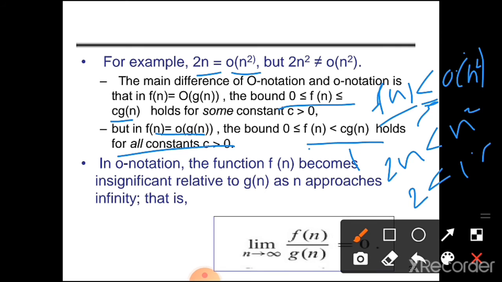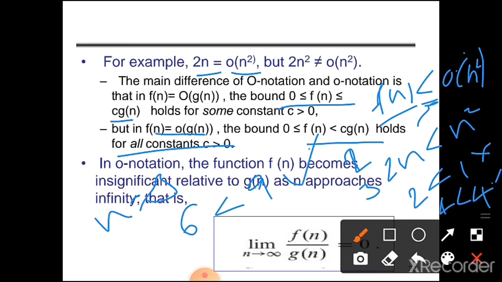First condition, for this n value it is not satisfied. So n is equal to 2. 2 into 2 is 4, less than 2 square, that is 4. That case also is not satisfied. n is equal to 3, 2 into 3 is 6, less than 3 square, that is 9. So this is satisfied. From n equal to 3 onwards, everything will satisfy.